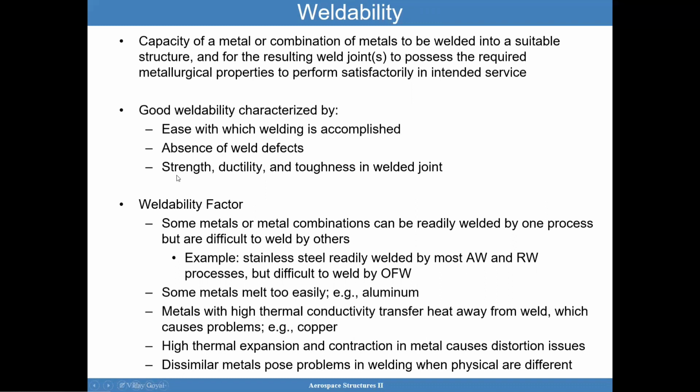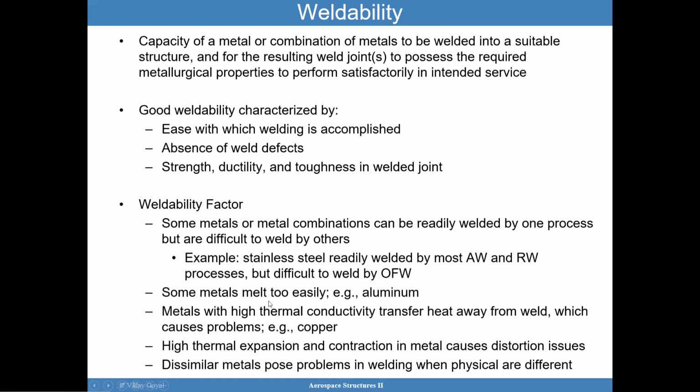There's also this idea of weldability factor. Some metals or metal combinations can be readily welded by one process, but are difficult to weld by others. Stainless steel can be easily welded by arc welding and resistance welding, but could be difficult by other methods.